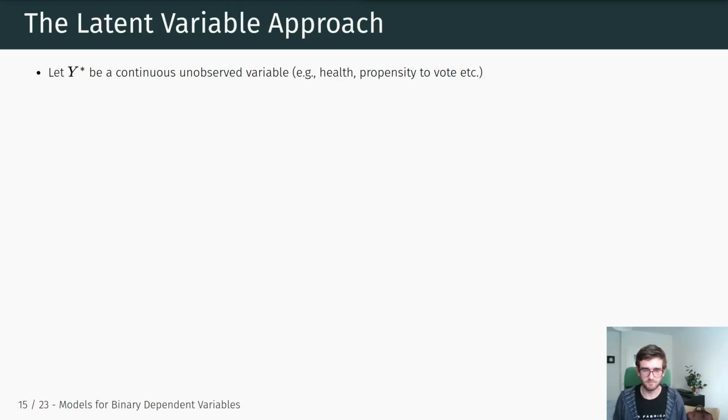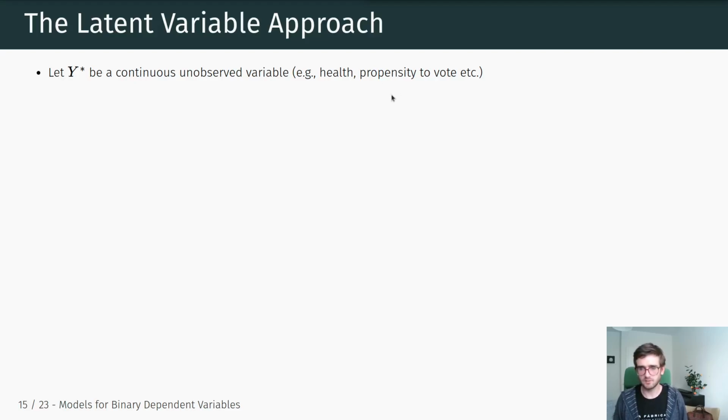Okay, and first off, we start with our outcome, which here we call y star, but y star is now a continuous unobserved variable, right? You could think of this as utility, or if we were supposed to measure turnout, some kind of underlying propensity to vote, or health, or other underlying unobserved constructs that ultimately determine the observed outcome that is dichotomous.